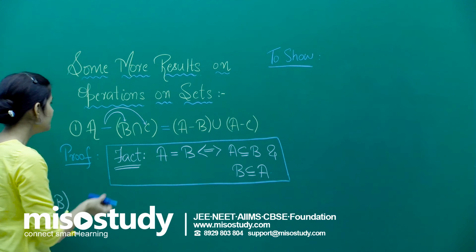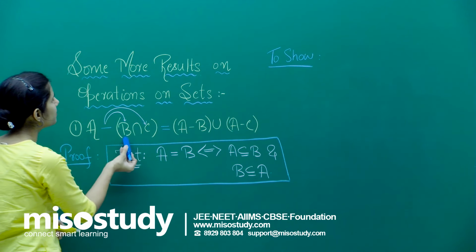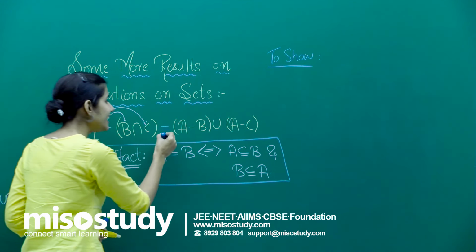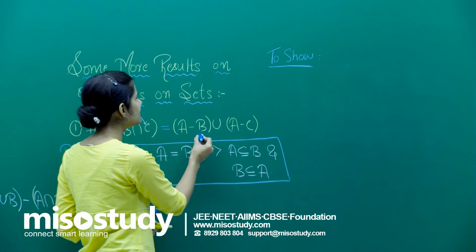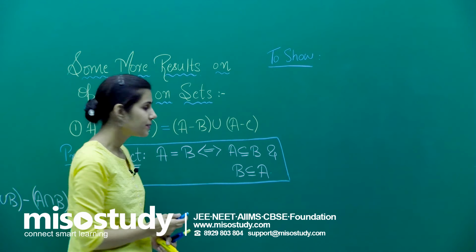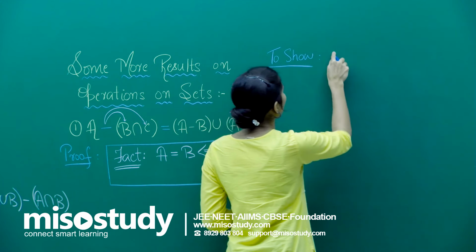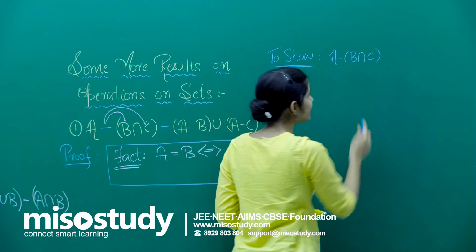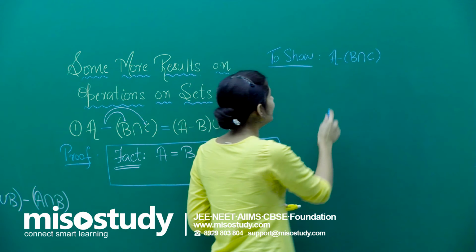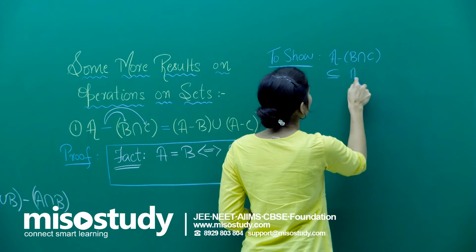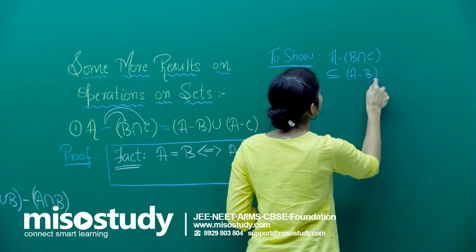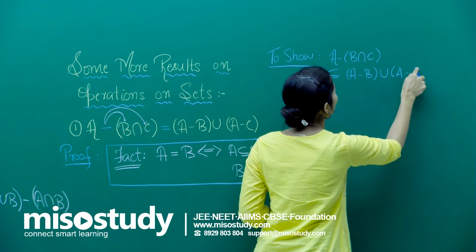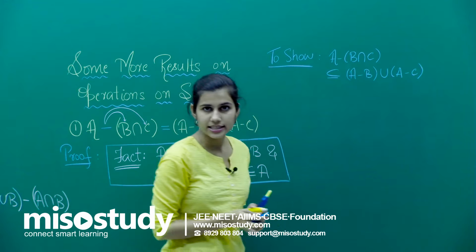I have to show that A minus B intersection C, which is the LHS set, is contained in A minus B union A minus C, the RHS set.